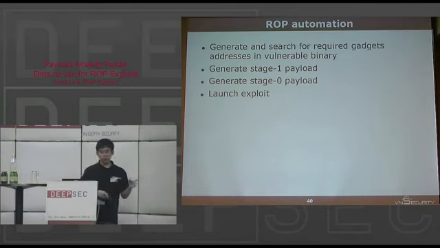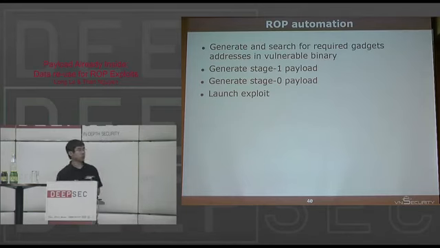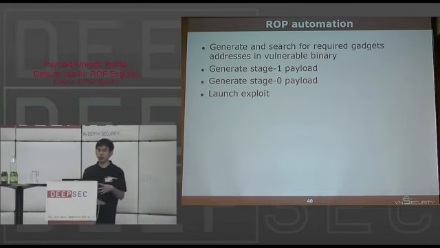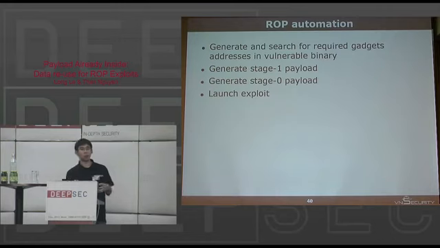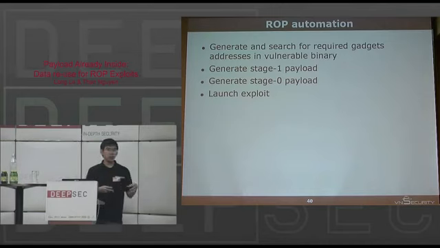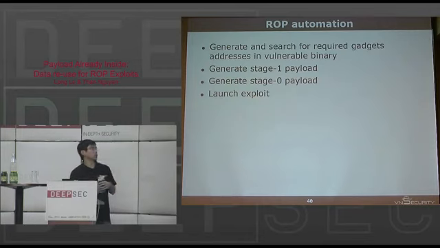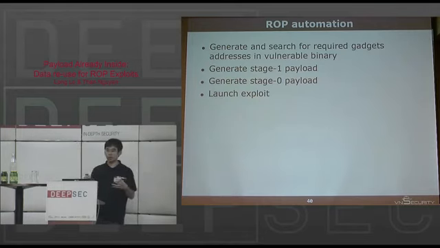Then based on what I just presented, we're trying to write a library where we can automate all the things we presented before, like calculating offsets, GOT overwriting, finding the ROP gadgets, dereferencing, and so on. That would actually take a lot of time to do manually.